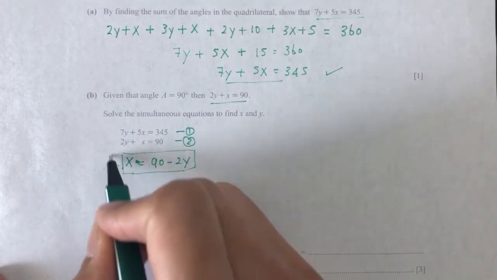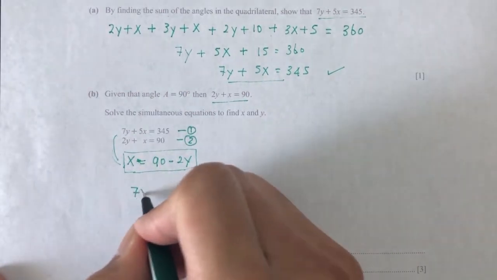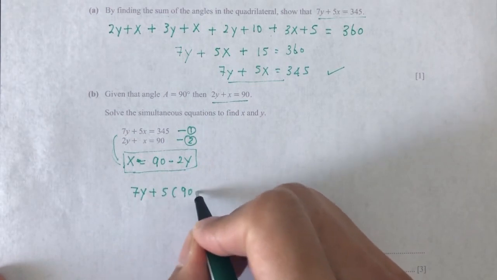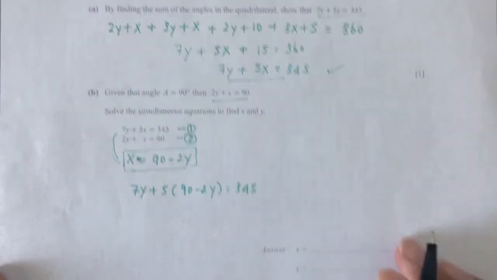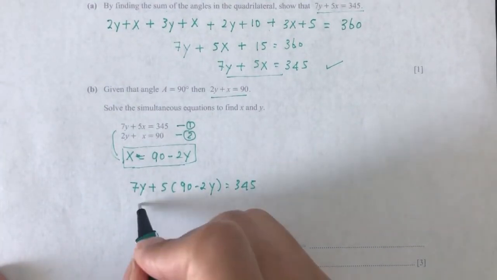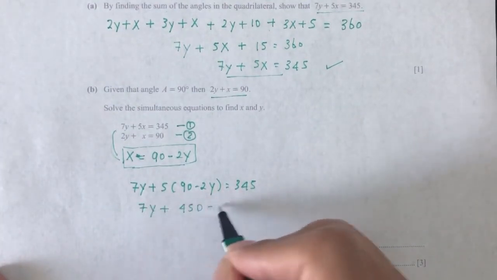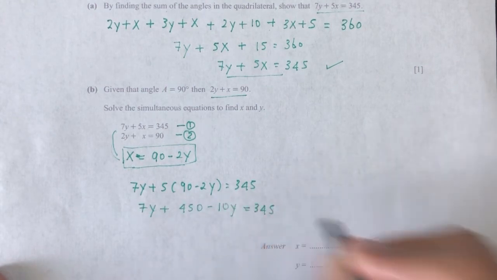So now we replace this in equation number 1. What do we have? We have 7y plus 5 times (90 minus 2y) equals 345. So now let's expand. We have 7y plus 450 minus 10y equals 345.